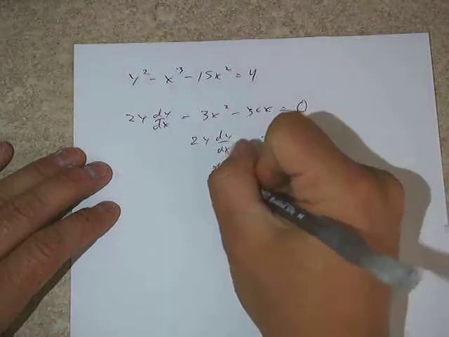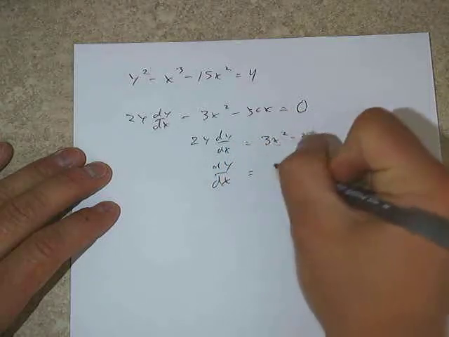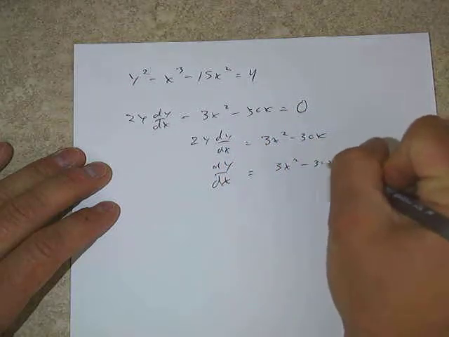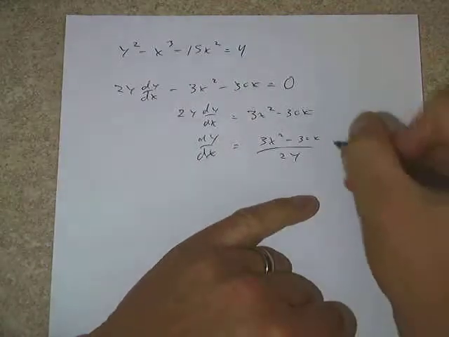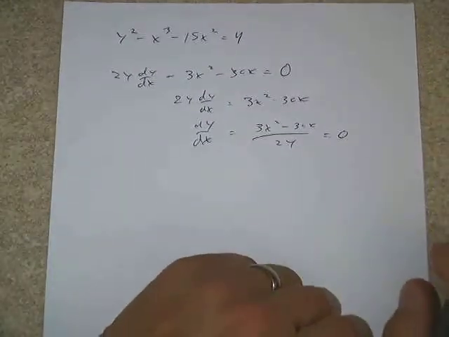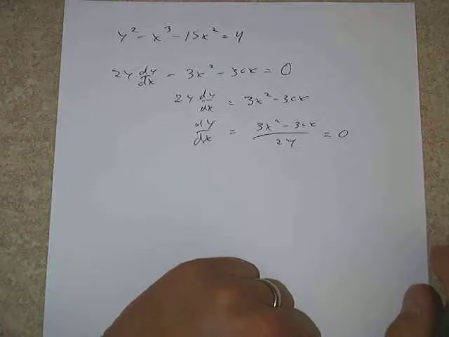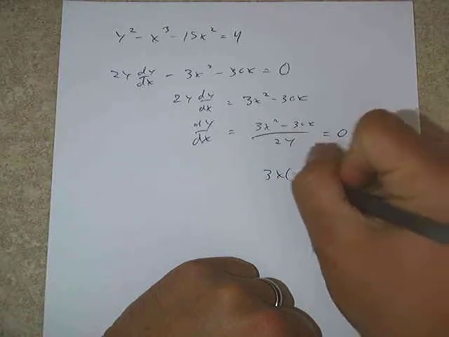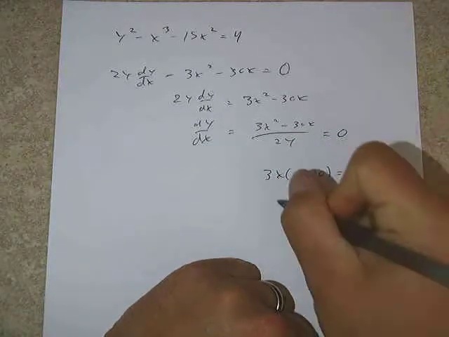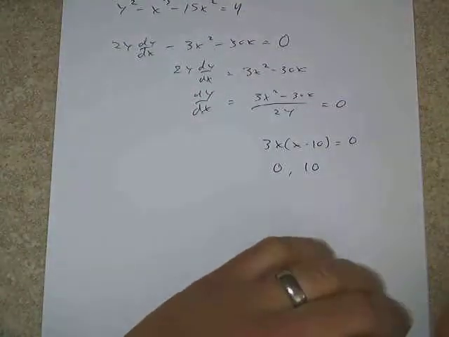So recognizing that this is an equation that would be easier to deal with using implicit differentiation rather than solving for y, if we find the derivative here, we'd have 2y dy dx minus 3x squared minus 30x equals 0. And if we add the x stuff to the other side, we get 3x squared minus 30x, and if we divide by 2y, we get our dy dx alone.